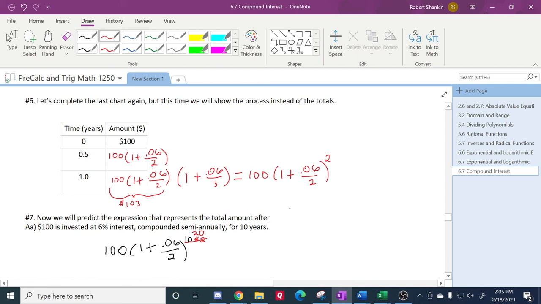Half the interest rate, but double the number of times you got interest. So if 2 is going to happen in 1 year, 20 is going to happen in 10 years. It's going to be the number of years times the number of compoundings each year.